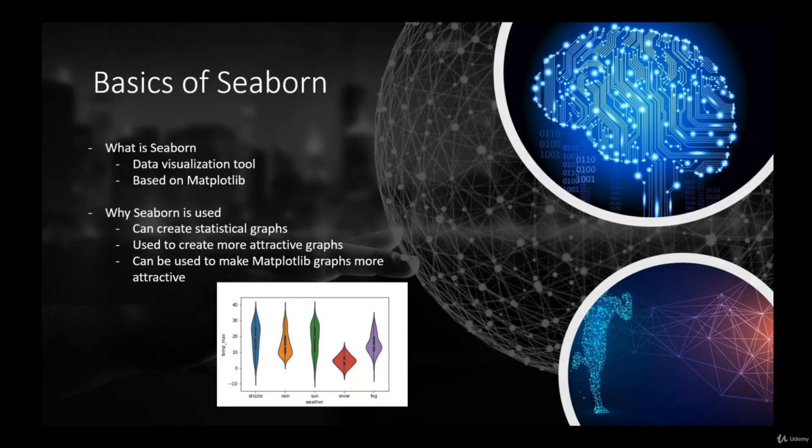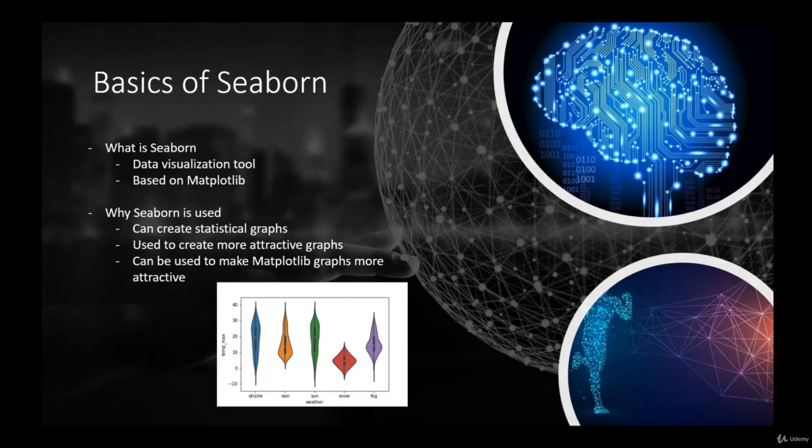So Seaborn is, as I said, a data visualization tool, and it's based on Matplotlib. What it does is pretty much the same thing. It will visualize data, but in a better way. It's used to create more attractive and informative statistical graphs. So your graphs will be a little bit different.